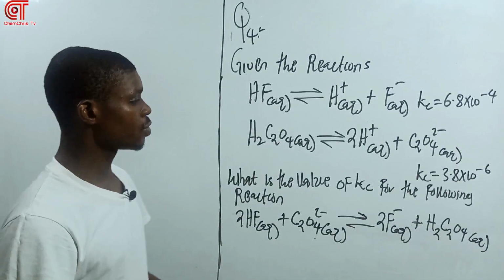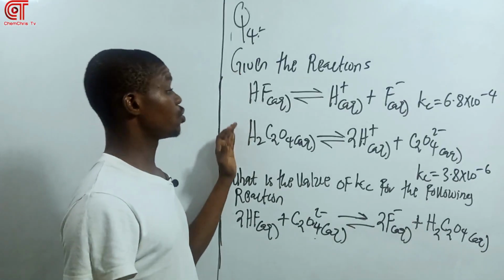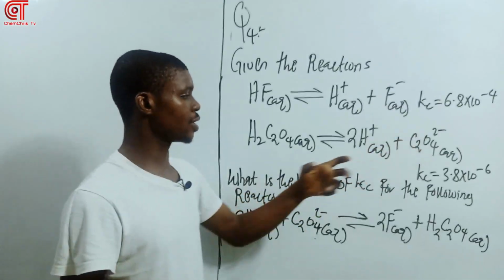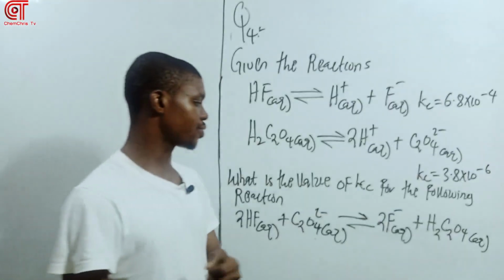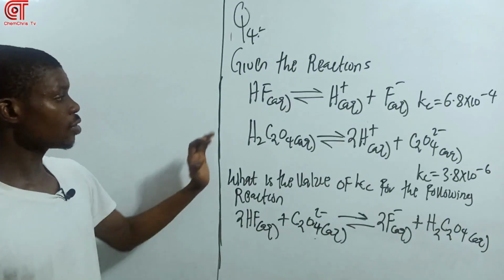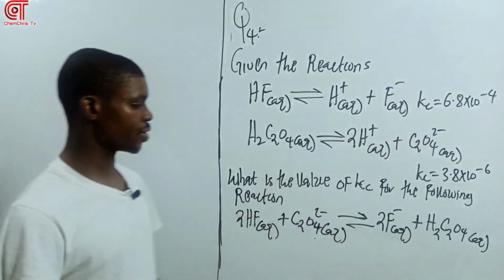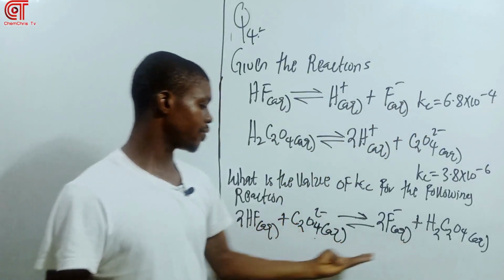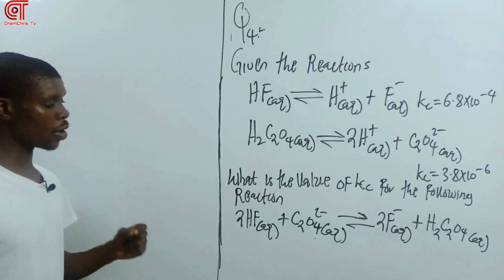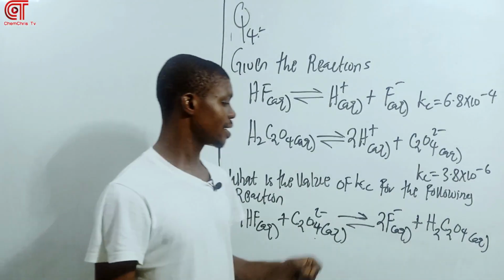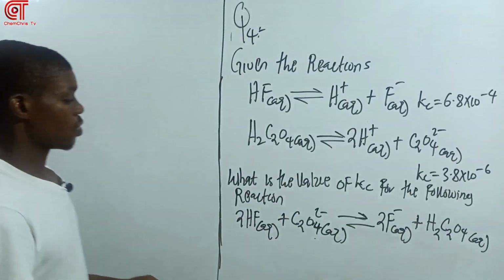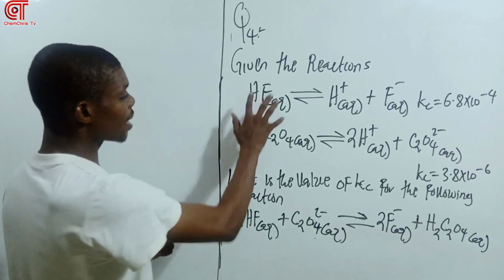The first thing you want to do here is make sure you check if the reactions are balanced, because if the reactions are not balanced, there's no way you can get the final reaction. If you check it very well, they are all balanced. One thing I understand is that they will only give the correct equations. So now, how do we solve it?